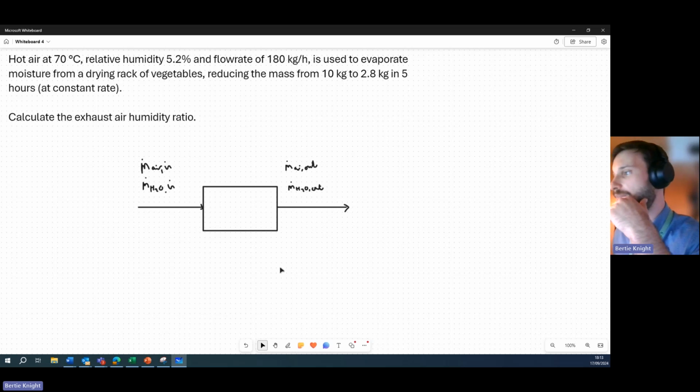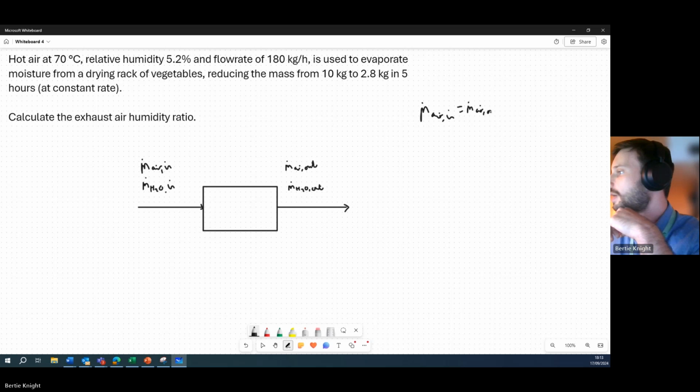But the air in and the air out we can assume are equal. So we can say M air in equals M air out. So I'm just going to rub that out and call it M air, because it's the same thing.